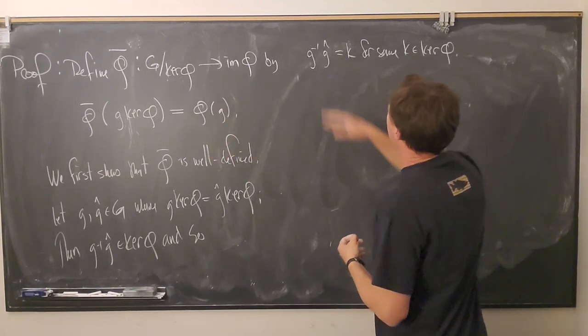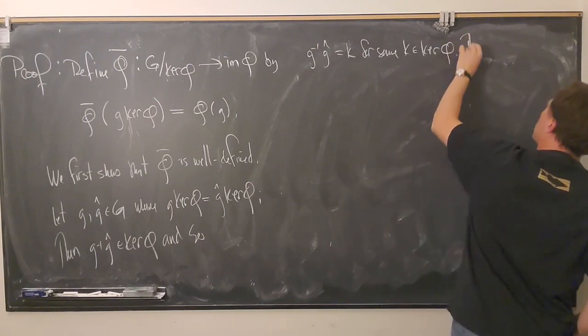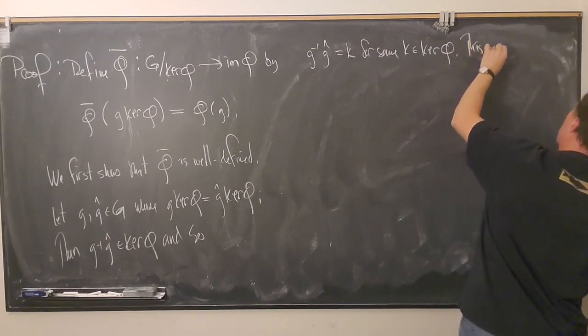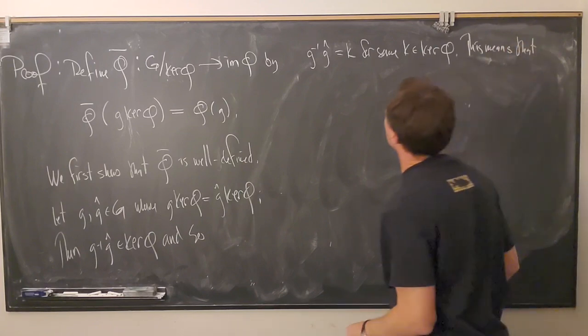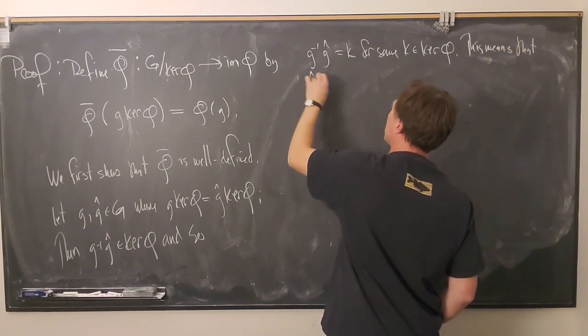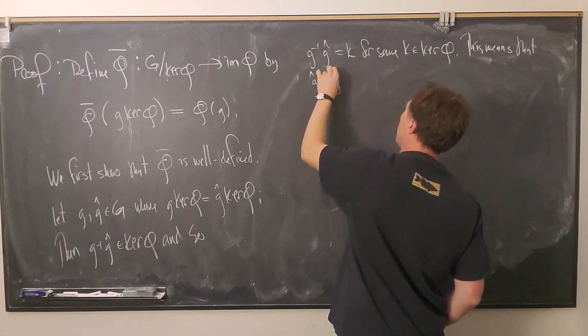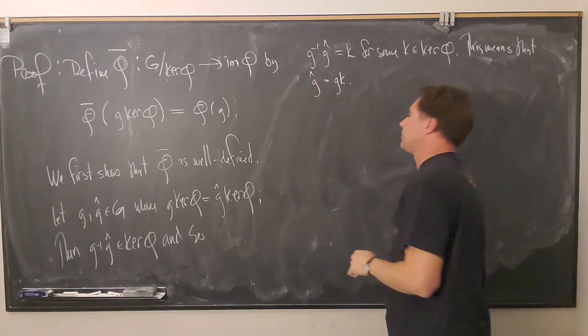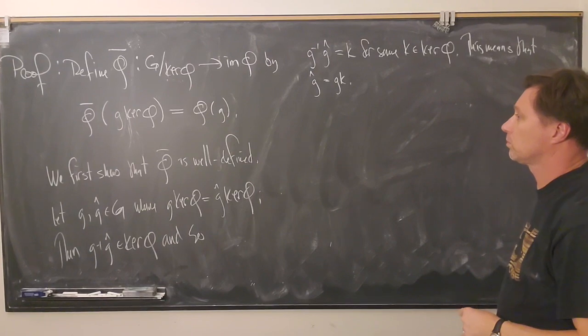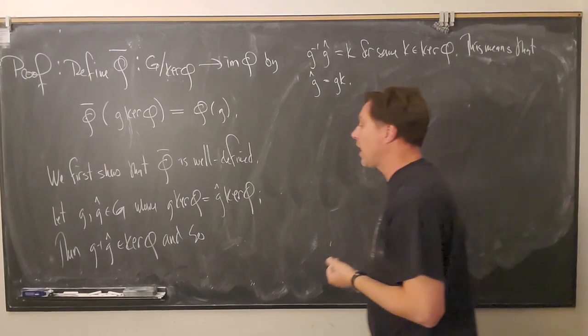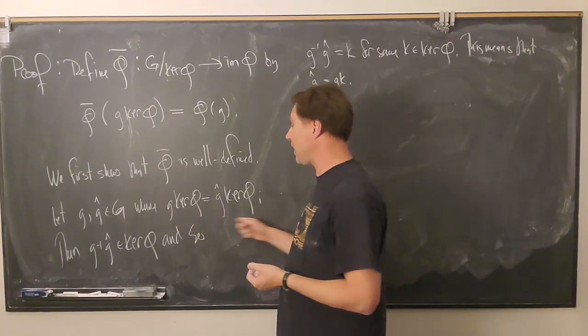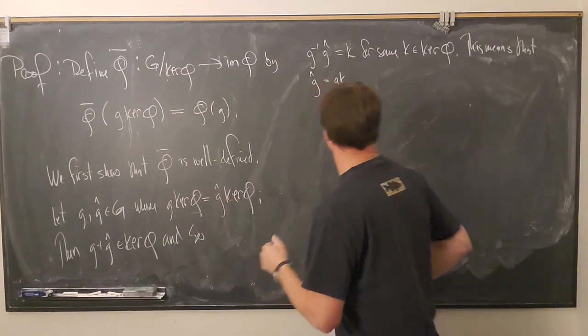And then I want to unravel this. So this means that g hat is equal to g times k. Now if I want to show it's well defined, I need to show that the same input gives us the same output.